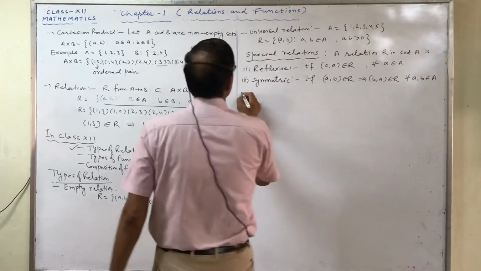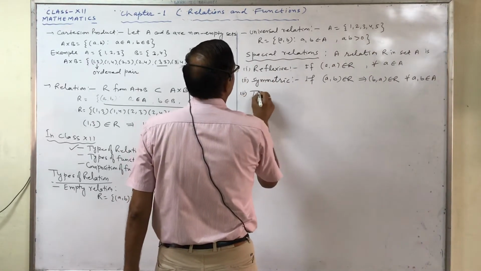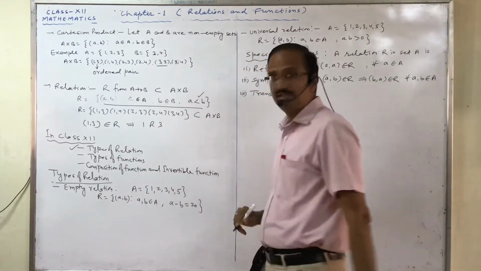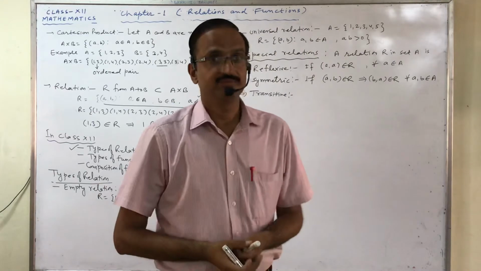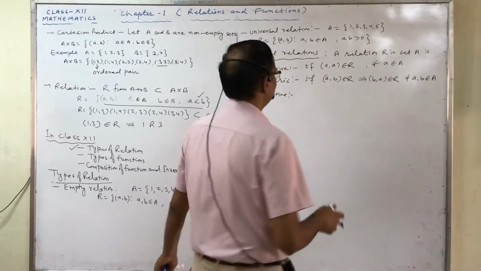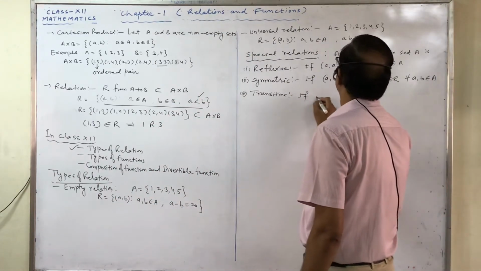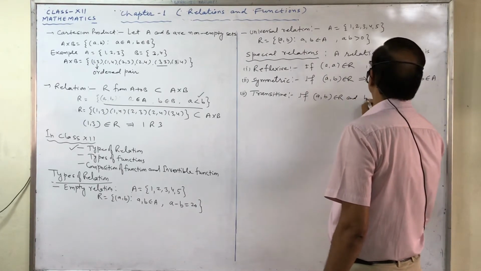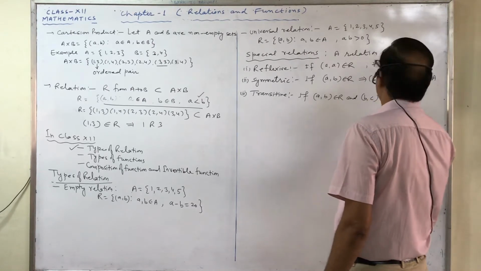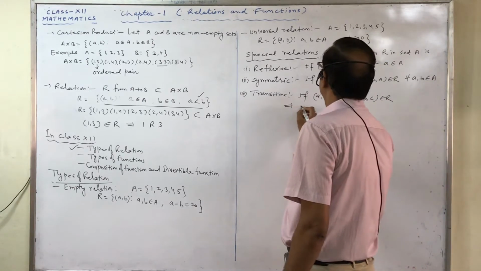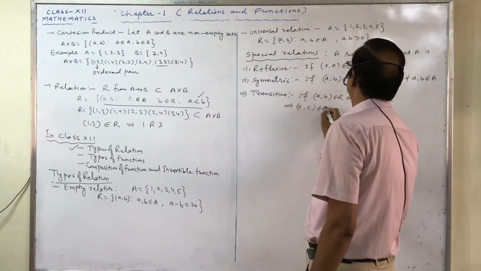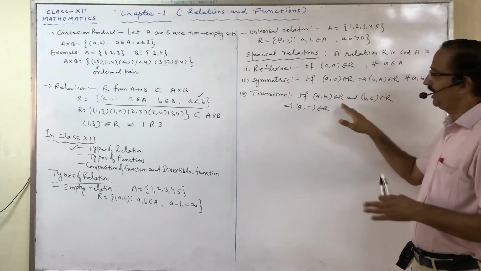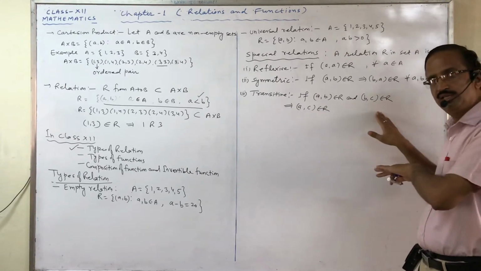Now the third is transitive. This is the word which comes from transition, spread. If (a, b) belongs to R and (b, c) belongs to R, then this implies that (a, c) belongs to R. It means a is related to b and b is related to c.